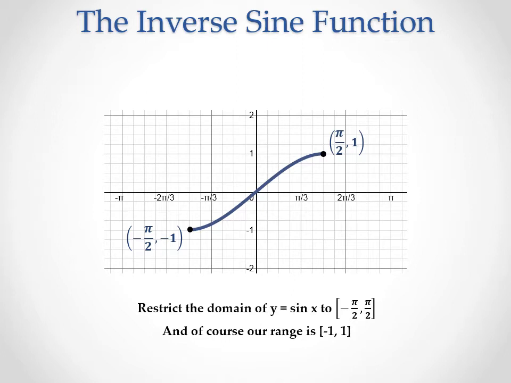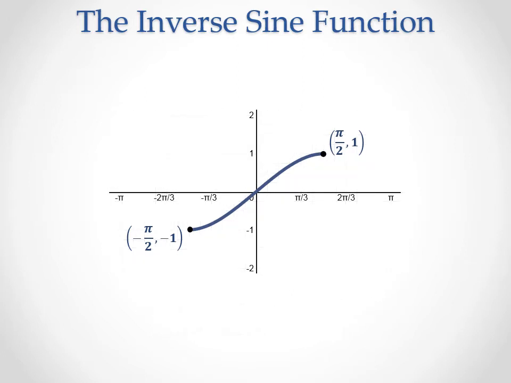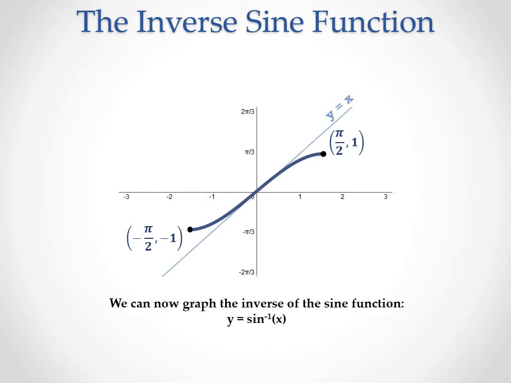All right, so we restrict it in this manner because when we take the inverse of this, and if we put in our identity line, remember when we do the inverse, it flips across the identity line. So the inverse, y equals inverse sine of x, would be the red curve that we're showing.